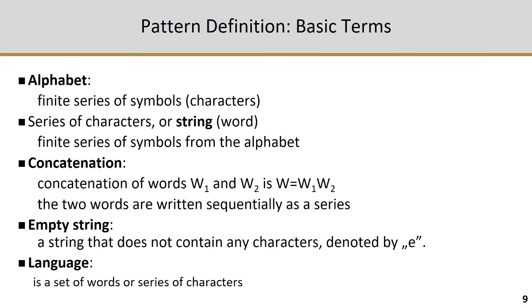The patterns, as I mentioned, are typically defined in a certain language. As in the introduction, when we summarized the basic terms of the theory of computation, you could remember that the alphabet is a finite set of symbols, the string is a finite series of symbols, and concatenation is a procedure by which we construct a string by writing two strings one after the other.